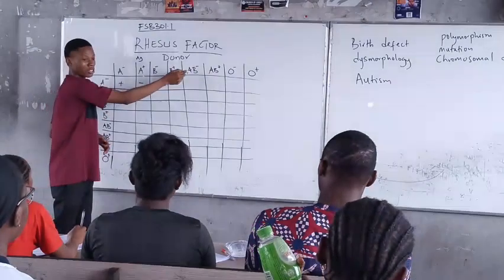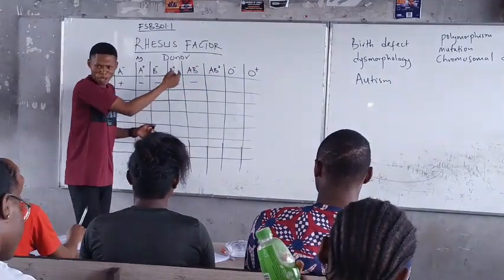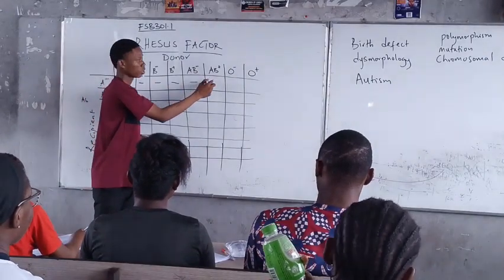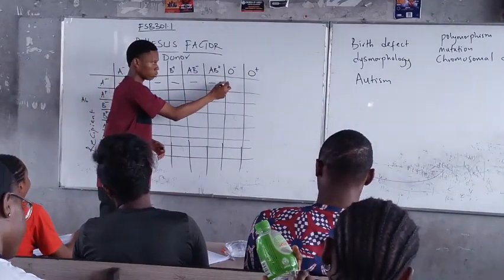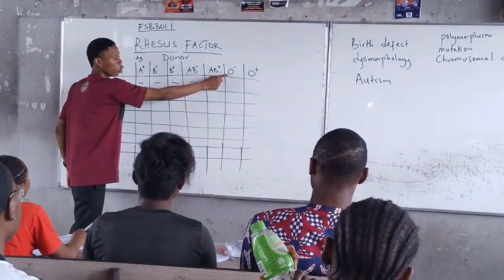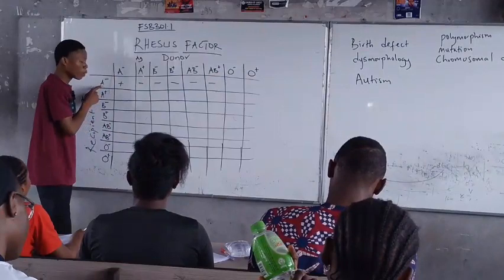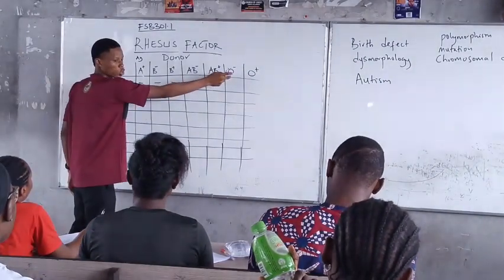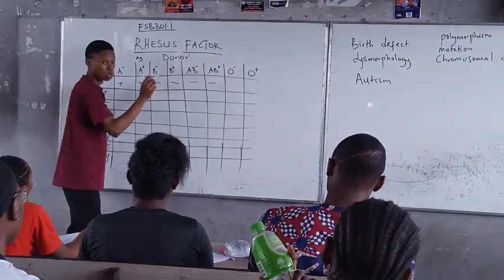Antibody B can fight, right? Hey, it's minus now. Why were you saying plus? What antigen do we have here? No antigen, right? What antibody do we have here? Can antibody B fight against no antigen? So normally it's supposed to be plus, right?